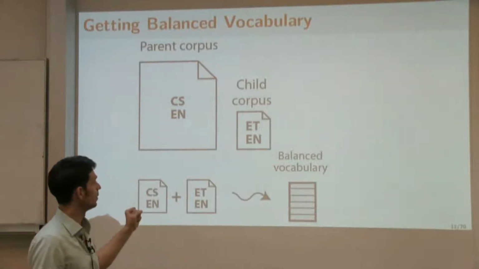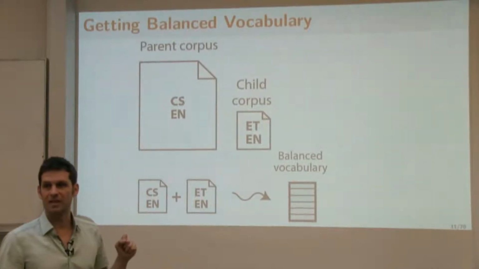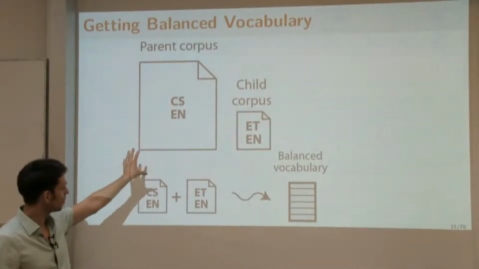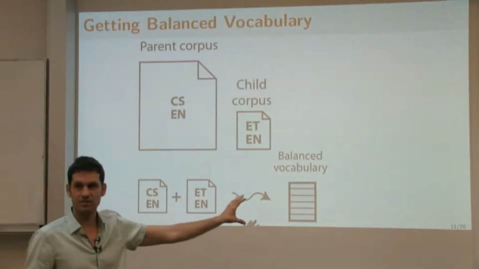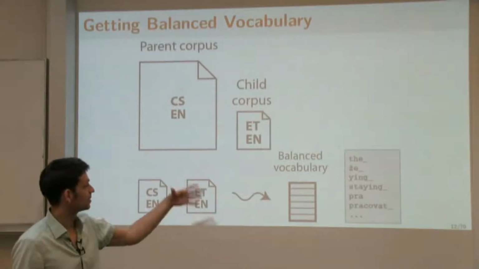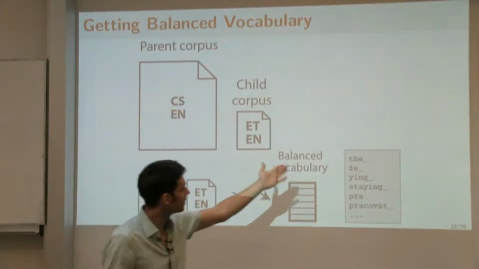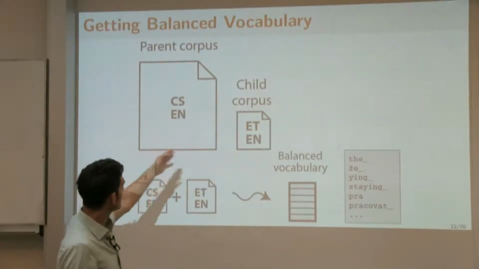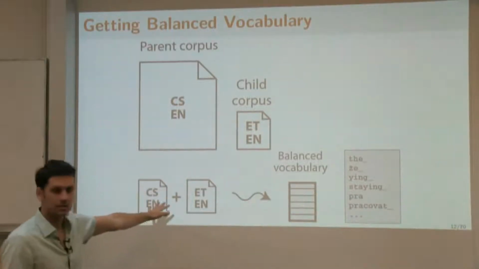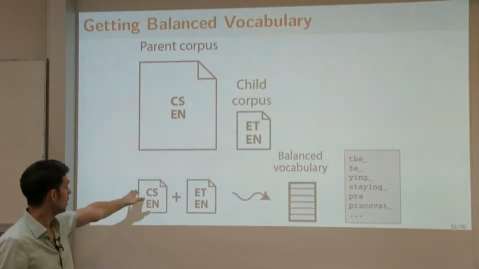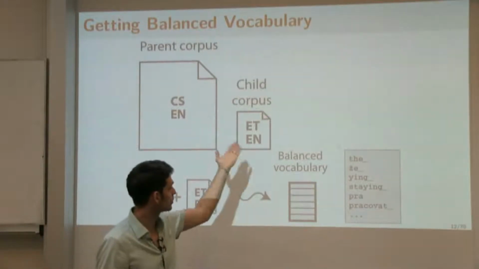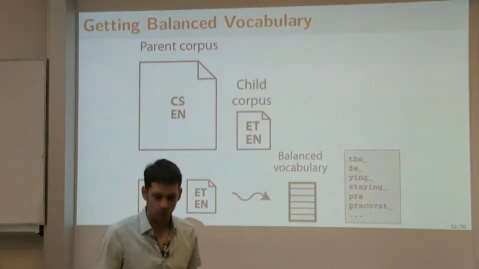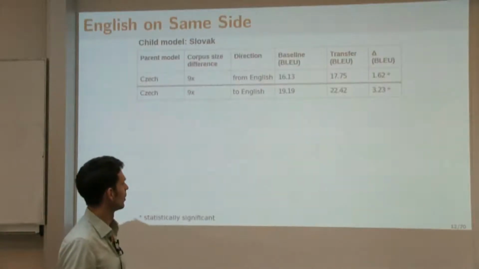So what we did, and what was better, was to balance the vocabulary: we subsampled from the parent corpus to have corpora of the same sizes, and then we extracted the subword vocabulary, which contained all the languages in question. So maybe English was oversampled because it appeared in both parent and child, but Czech and Estonian, which was the child language here, were equally represented in the vocabulary.